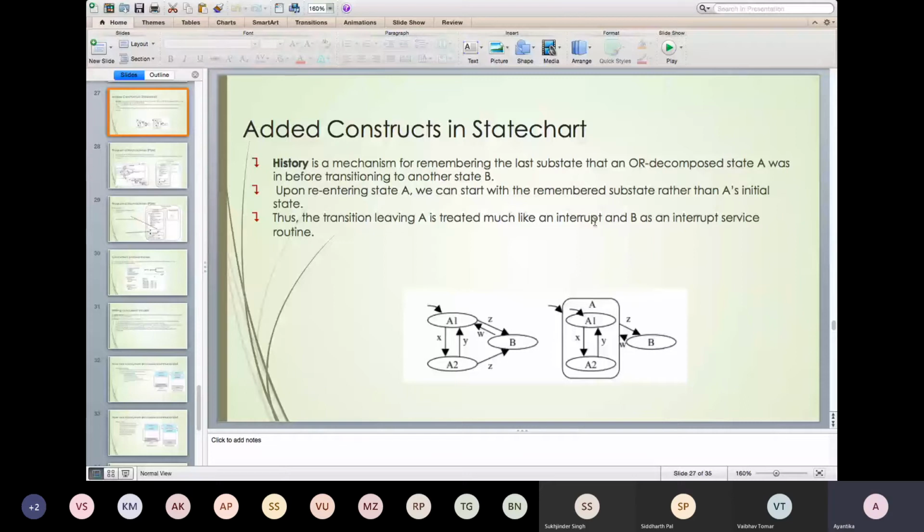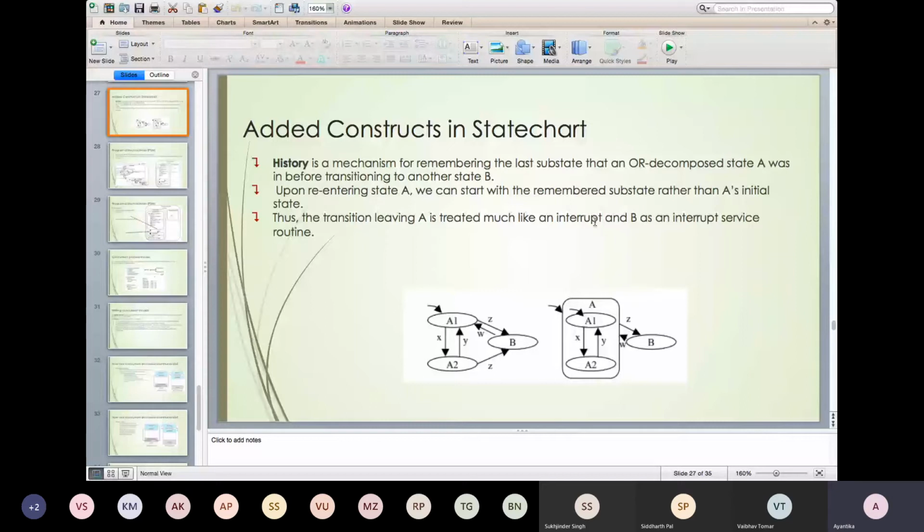You can think that your system is in state A and some interruption came that made transition condition Z satisfied. Due to that interrupt, you are moving to state B. With the help of the history construct, when the operations inside state B are done and your system comes back from state B to state A, that means you have already handled the interrupt through state B and you are coming back to your main system.